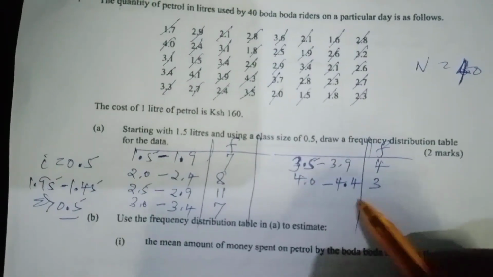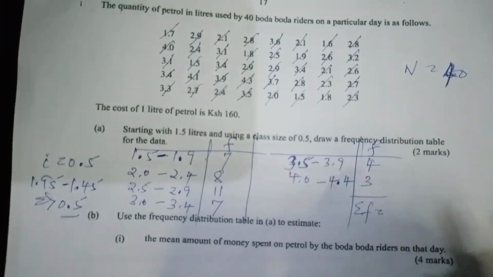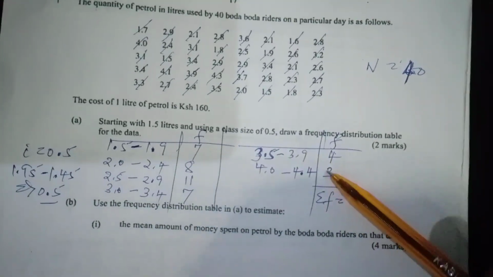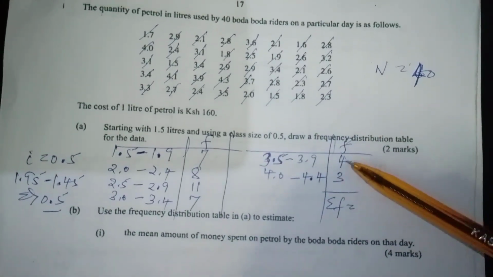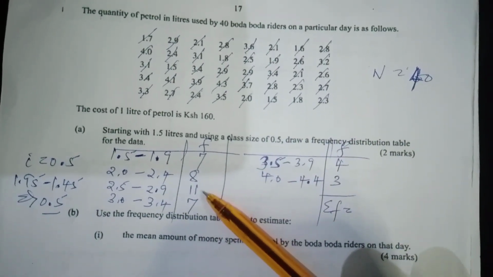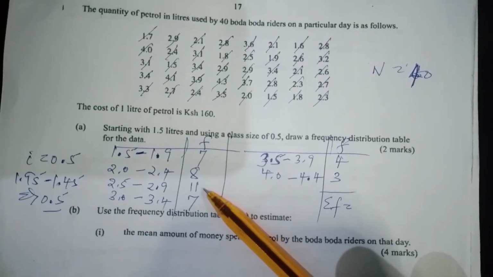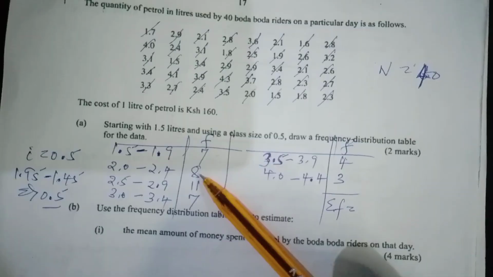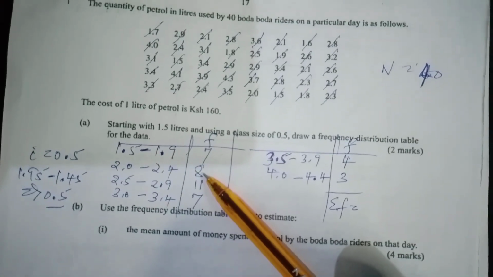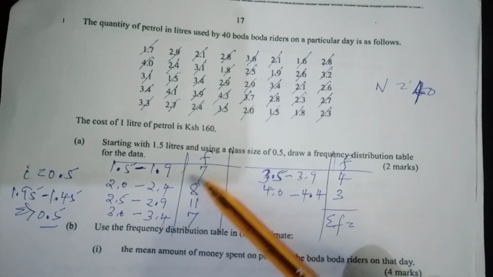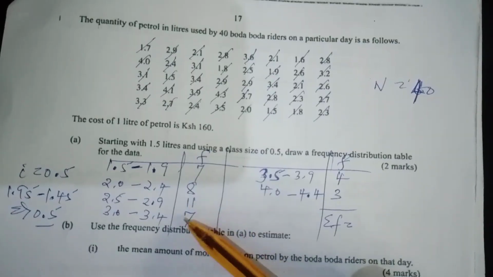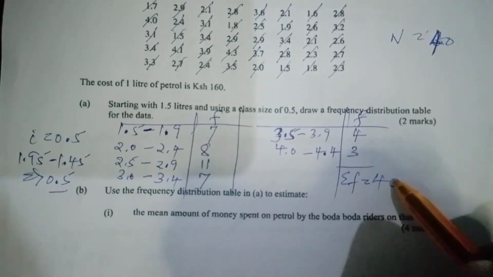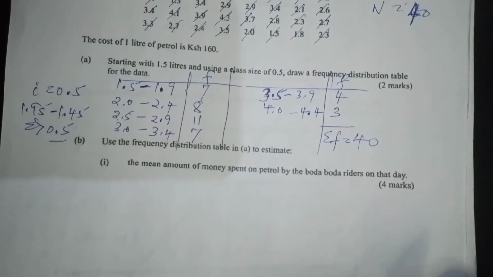So you just need to confirm if the sum of the frequency is 40, so that we know we have counted correctly. This one is 7, 14, it will be 20, 21, then 15 plus 11, 26, that's 33, then 40 here. We are okay, so it will be 40 there.